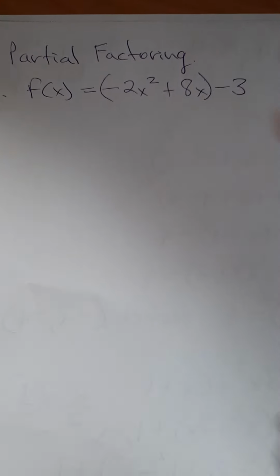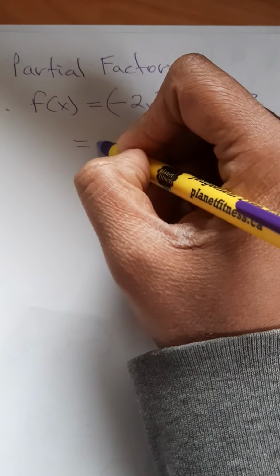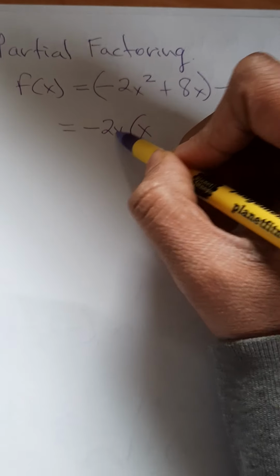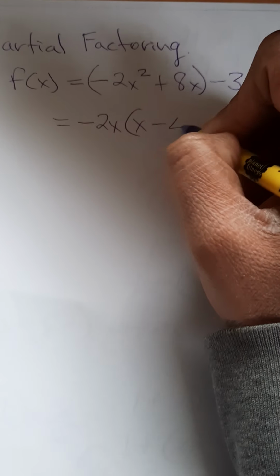Okay, and what we're going to do is partially factor these two terms at the beginning. So I'm going to take out a common factor, so -2x, and in brackets, what's left over is x. 8 divided by -2 is -4, and then minus 3, okay?